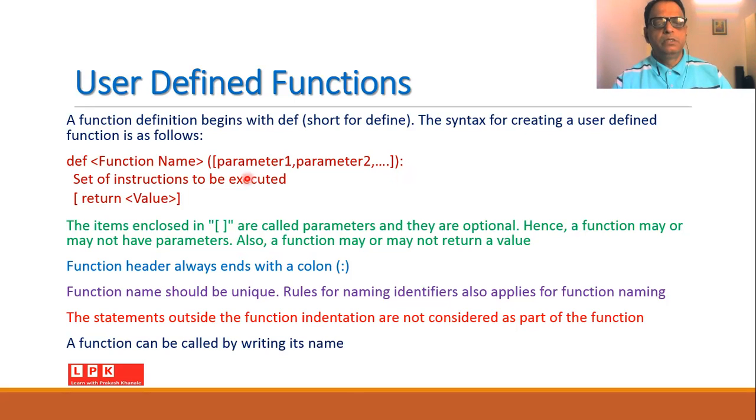Parameters are optional, meaning a function may or may not have parameters. Whenever something is put in square brackets in the syntax, it indicates that it is optional.